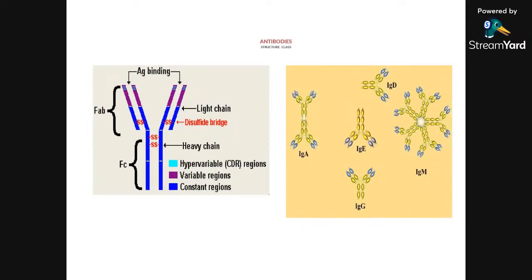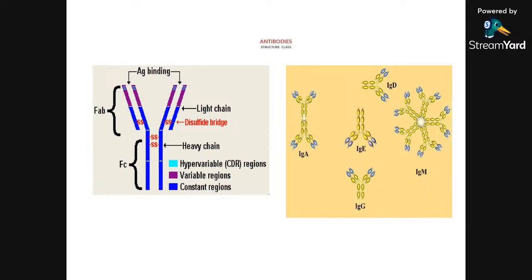Okay, here we are explaining the antibody outline structure. That is the light chain and heavy chain. Both chains have variable regions. This variable region is given by the long chain and the short chain.